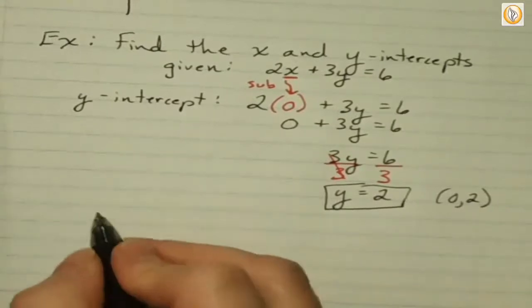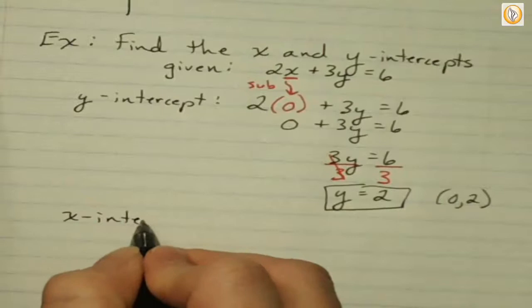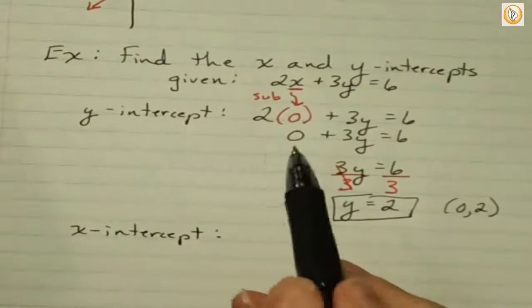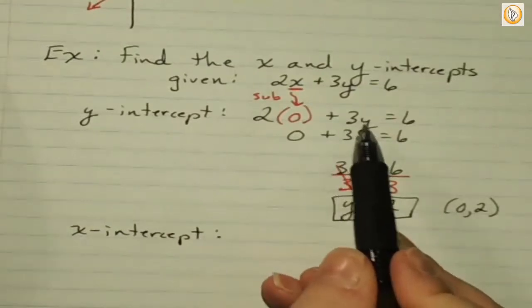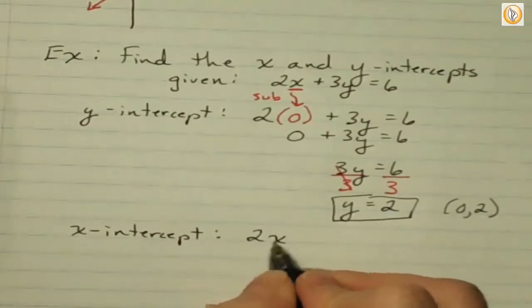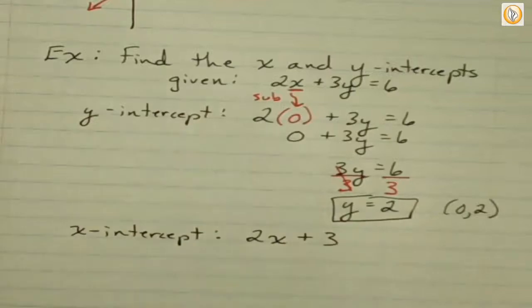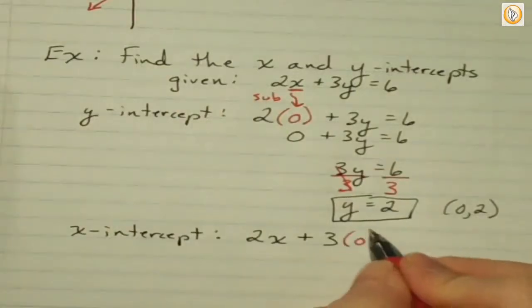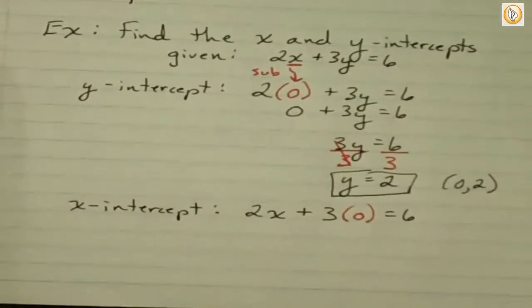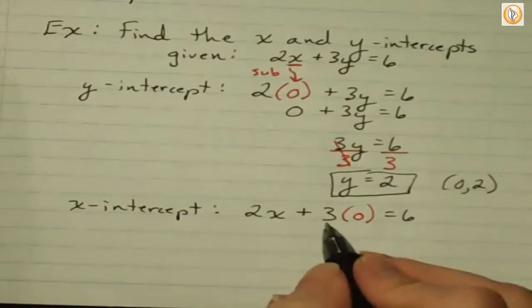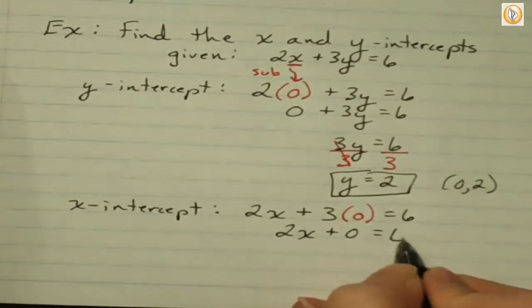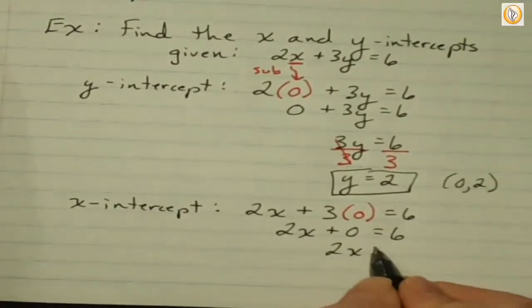Now, to find your x-intercept, you're going to do the same thing, but this time you're substituting the y for 0. So I'm going to rewrite my formula, and I'm substituting the y with a 0. Three times 0 is 0, so I have 2x plus 0 equals 6, which is 2x equals 6.